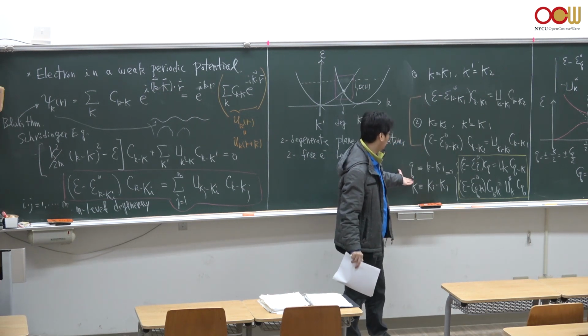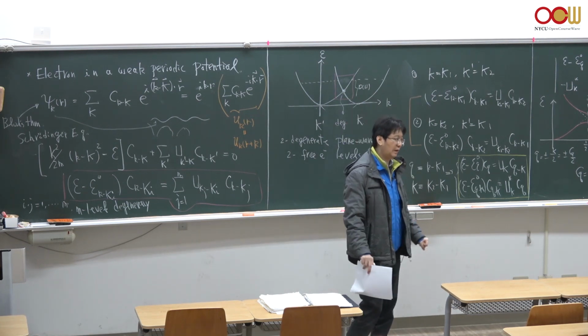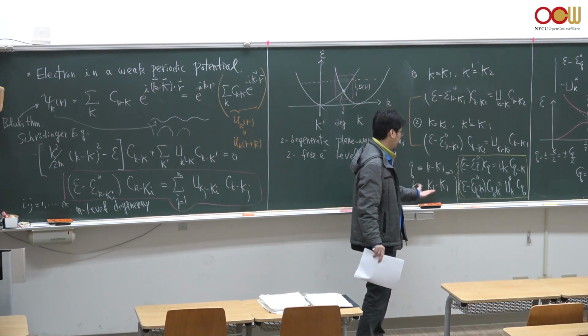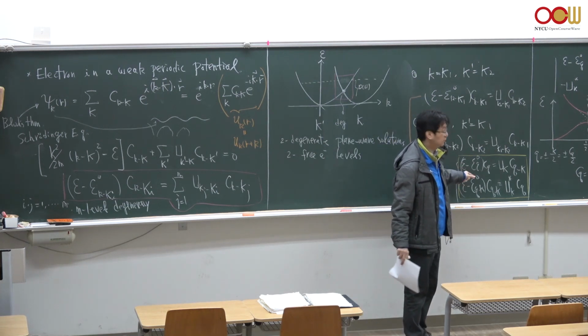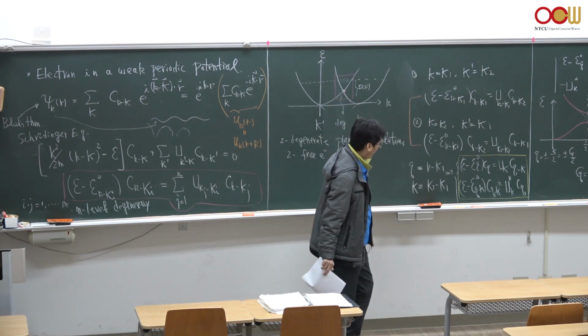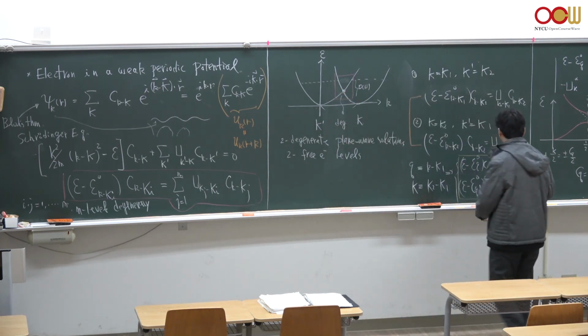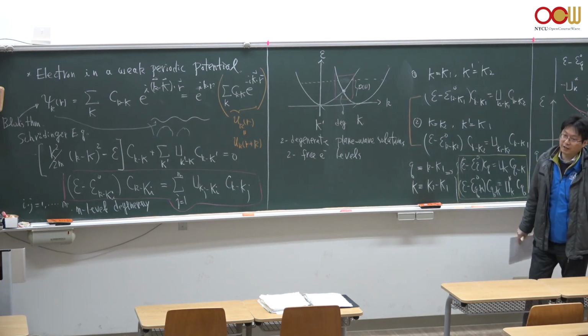You can properly define this momentum transfer, little q, and the difference between the reciprocal lattice vectors k2 and k1 as capital K, and you could simplify this eigenvalue equation for these two electron states near the degenerate point. In the absence of U, these two states are exactly degenerate.